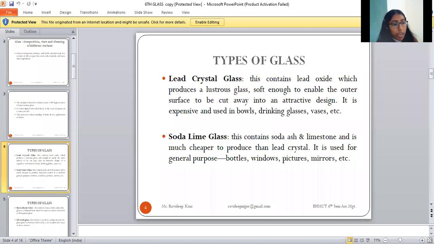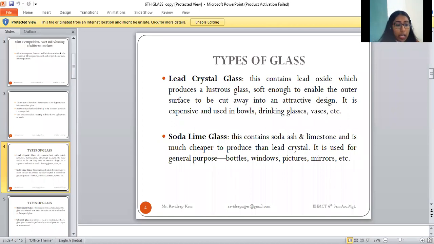Next, we have soda lime glass. This contains soda ash and limestone, and is much cheaper to produce than lead crystal. It is used for general purposes such as bottles, windows, and mirrors.